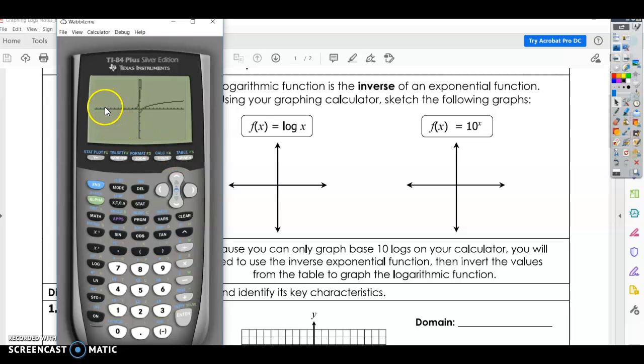If you remember, the exponential function grows very quickly when it's exponential growth. When we talked about exponentials, it had an asymptote at y equals 0. Now the logarithmic function will have the same thing, except it's going to be x equals 0.